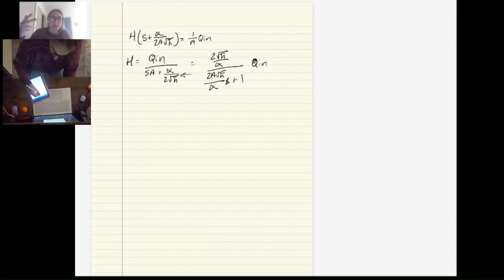And this function is now a Laplace transform. It looks very similar to a Laplace transform of a first order function, which is k over tau s plus 1, where k is your gain and tau is a function of time.